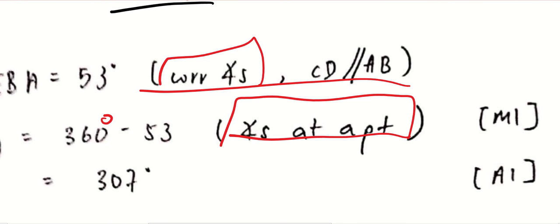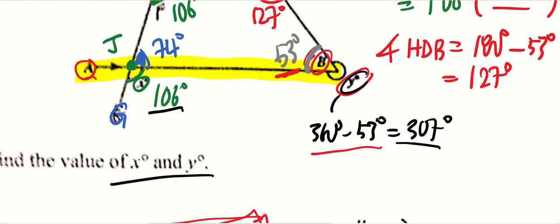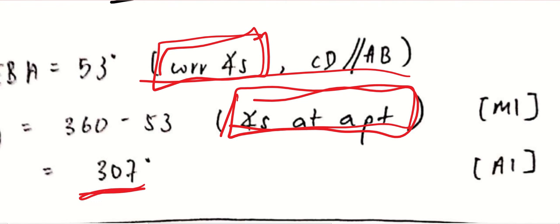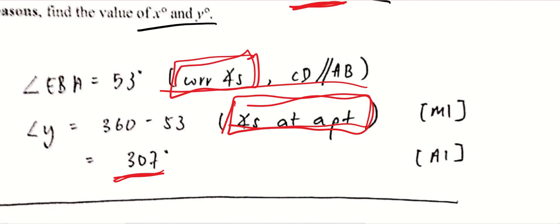Now, how do I find y? Because I use the knowledge of 360 degrees, so I quote the reason angles at a point. Now if you didn't write the reason, I'll have deducted marks, even though your answer is correct. So it's really not worth it. Please remember to quote the reasons.